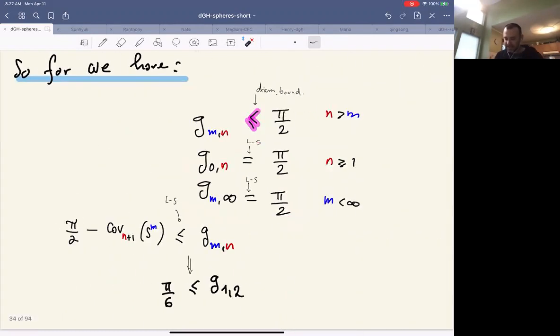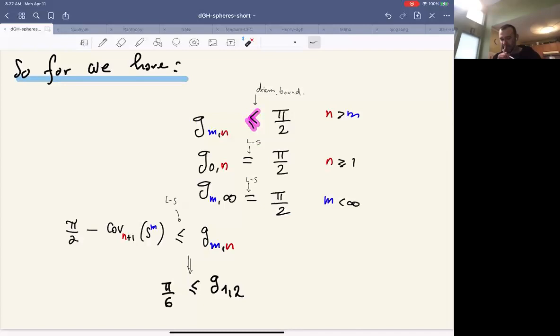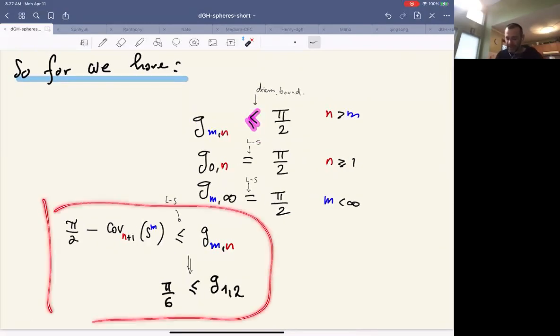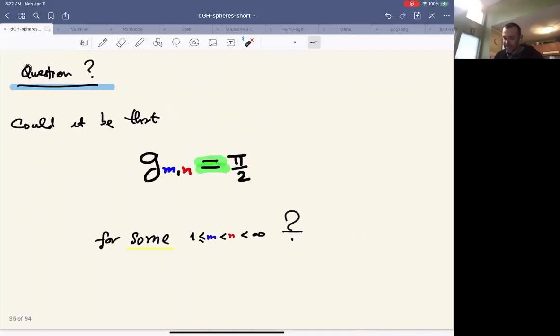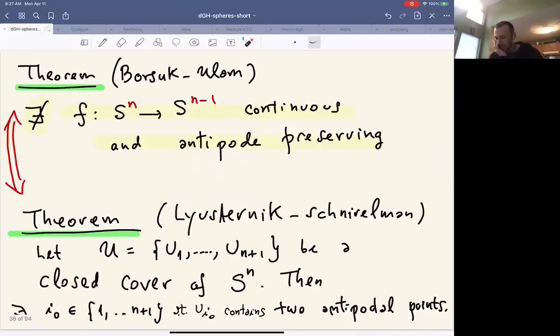One question that is suggested by this pattern here is, could it be that, as a matter of fact, all distances are equal to pi by 2? That would not contradict the information we have here. So we decided to try to answer that question at some point. And for that, we ended up thinking about Borsuk-Ulam again.